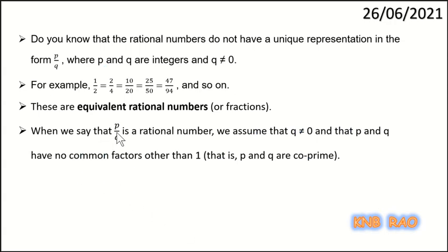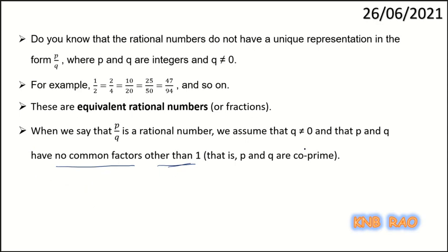Here, I have typed the definition of a rational number in standard form. We say that p by q is a rational number assuming that q is not equal to 0, and p and q have no common factors other than 1, that is, HCF of p and q is 1.